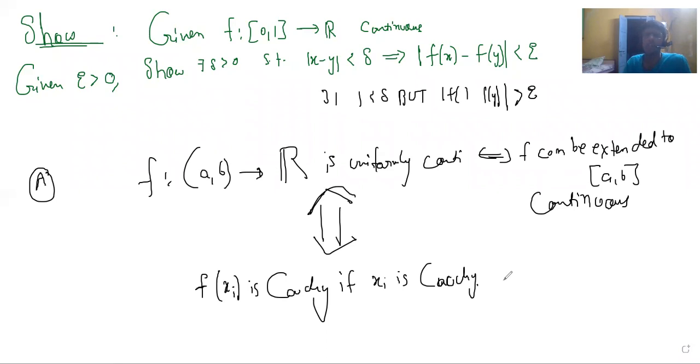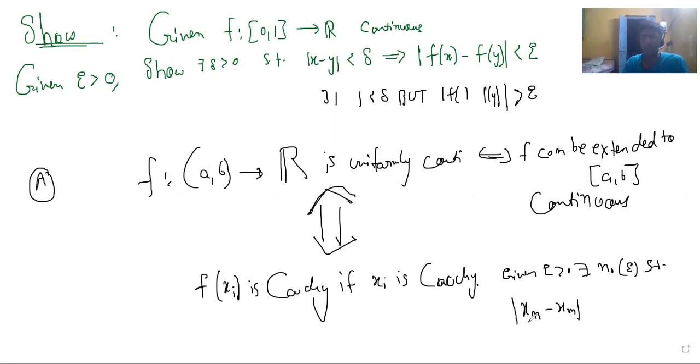And Cauchy means that basically the difference between the terms of the sequence can be made arbitrarily small if you make the indices arbitrarily big. Given epsilon greater than 0, there exists n naught depending on epsilon such that for all n and m bigger than n naught, the difference is less than epsilon.